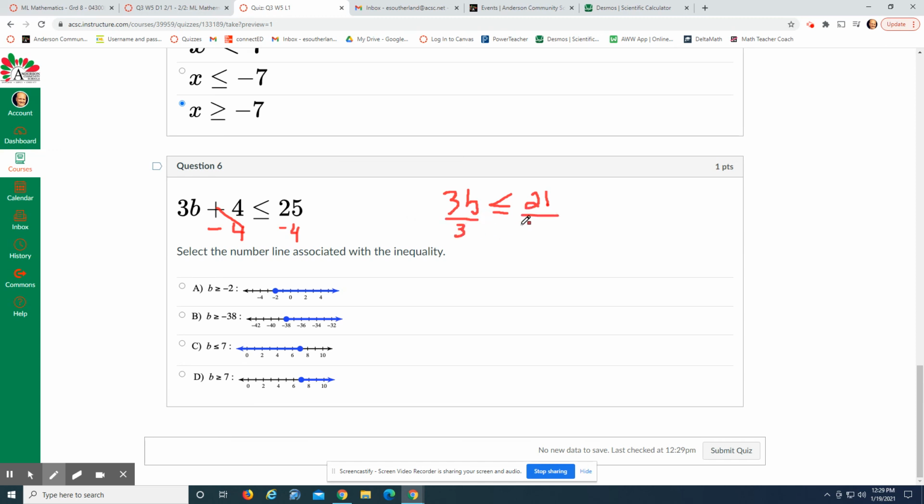Since it's a positive 3, the sign will stay the same. B drops down because the 3s cancel. 21 divided by 3 is 7. So I want to find B is less than or equal to 7. B is less than or equal to 7, and the number line matches it.